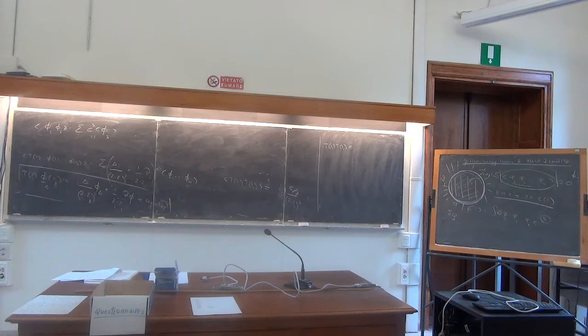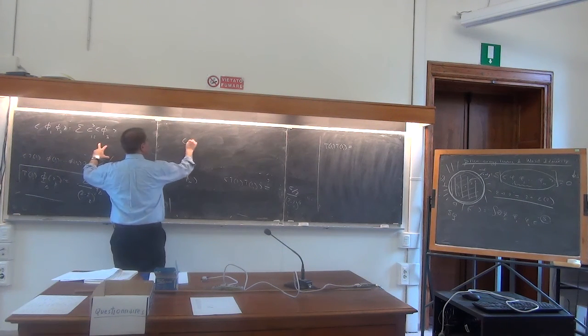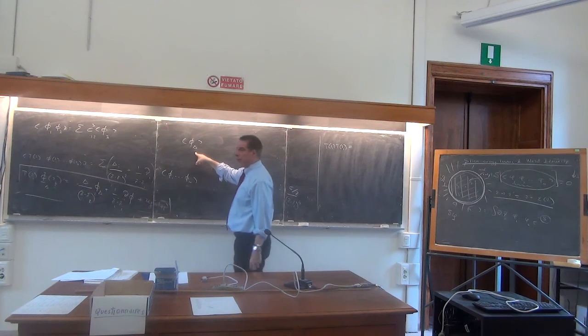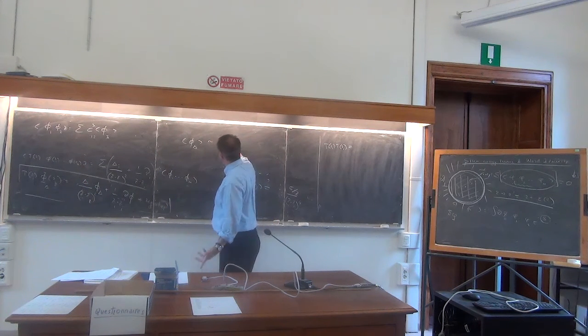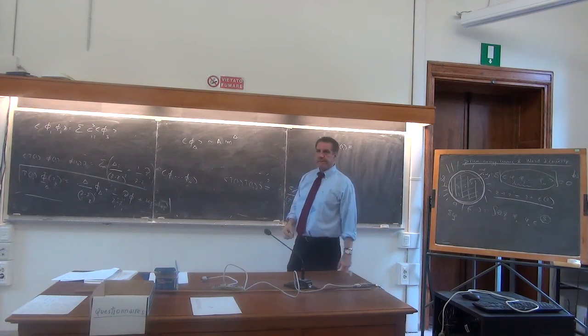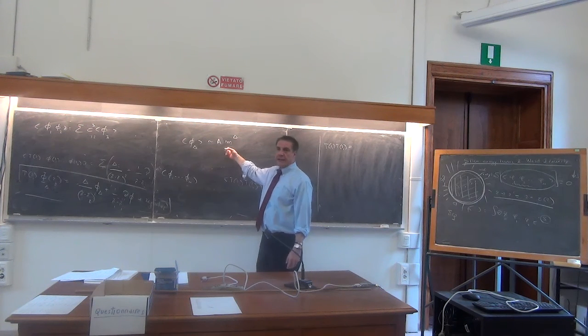Okay? So this means that if this object has an operator dimension delta, by a dimensional argument, this can be a constant, A, times mass to the delta. But I have no mass.